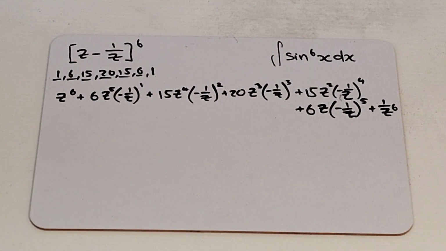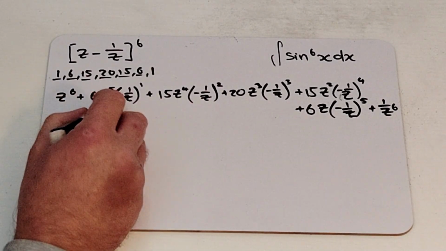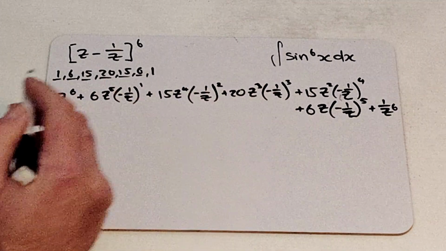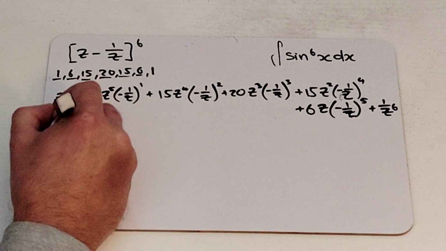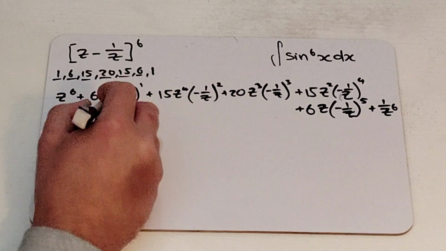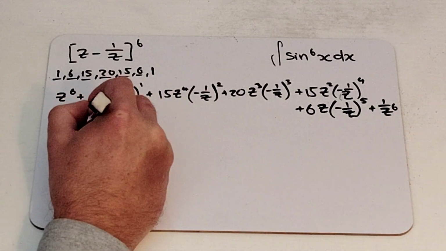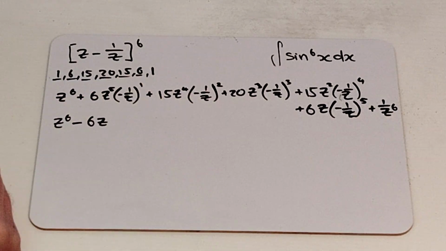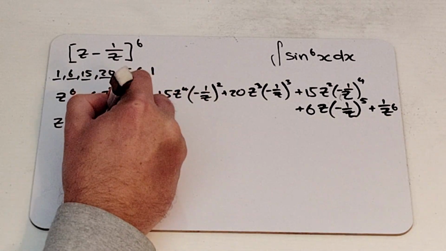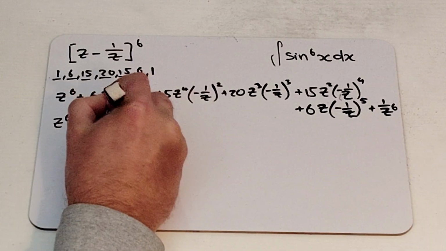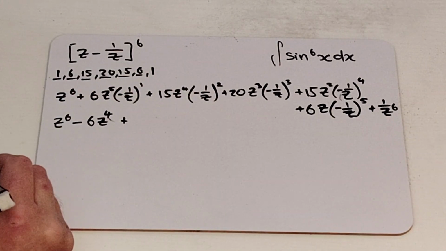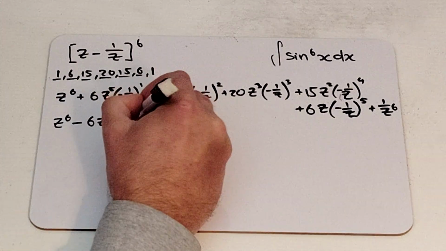Okay, so if I simplify that, I'm effectively dividing my powers of z, and I'll also notice that the signs flip. So z to the 6 is positive. This next one is going to be subtract 6z to the 5 over z, so that becomes z to the 4. And then this next one's positive, and we end up with 15z squared.